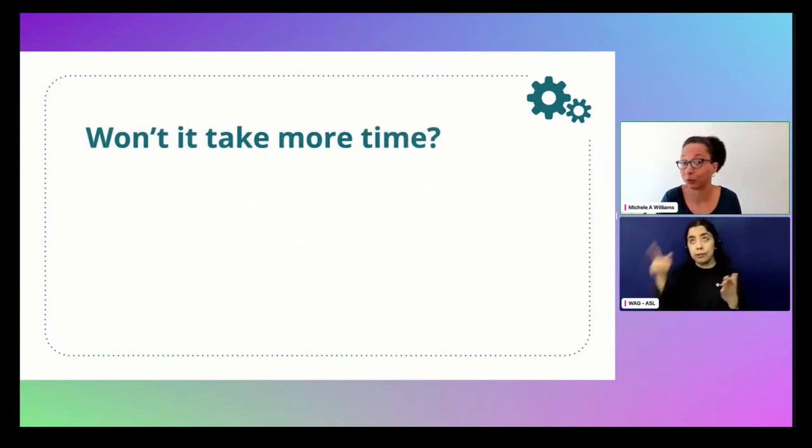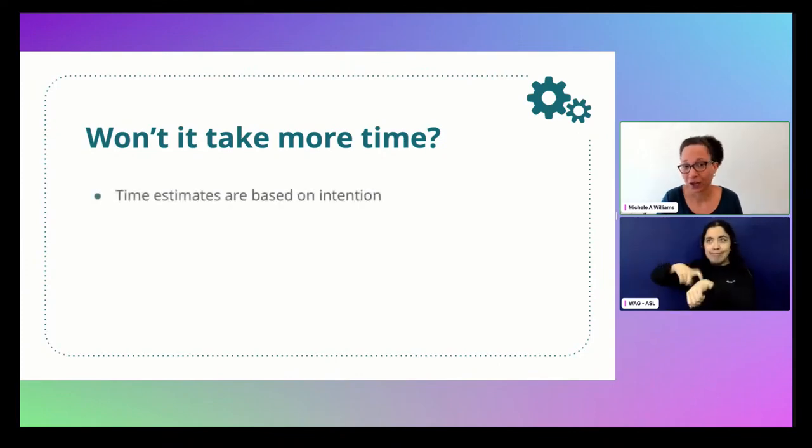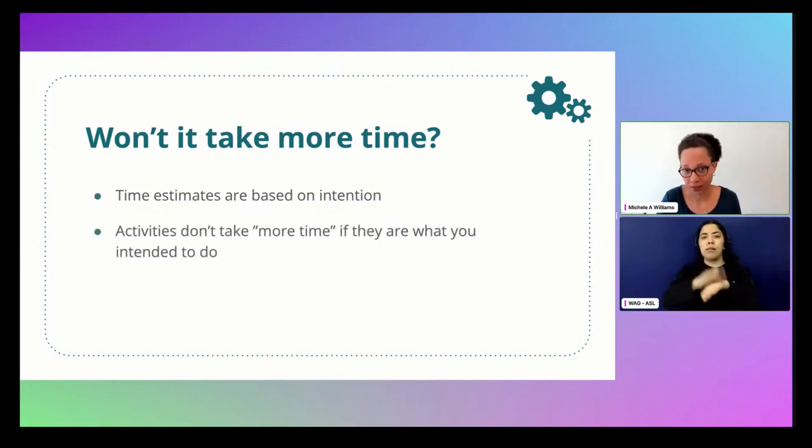So that is the thing to keep in mind, and we're going to spend a little more time on that in just a moment. However, another thing that comes to mind as I talk about doing more research with more participants, more diversity, is: won't it take more time? Again, I'm familiar with industry, I'm familiar with some of the timelines, but the first response that I always say to won't it take more time is that time estimates are based on intentions. That is, you estimate your time based on what you intend to do. So activities don't take more time if they are what you intended to do.